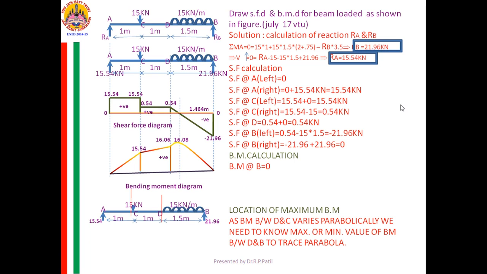Yes, 15.54 into 2 and is sagging positive, minus 15 into 1 is hogging negative. Tell me the number. 15.54 into 2 minus 15 into 1. What is the number that you are getting?